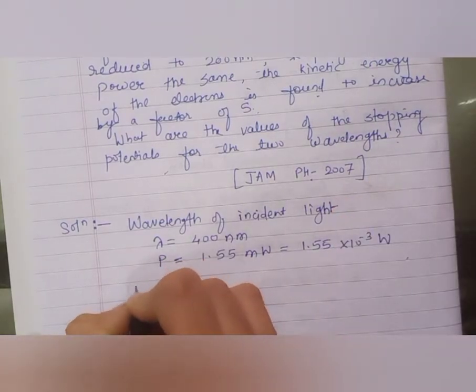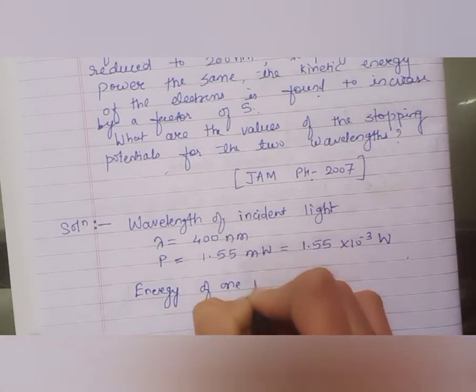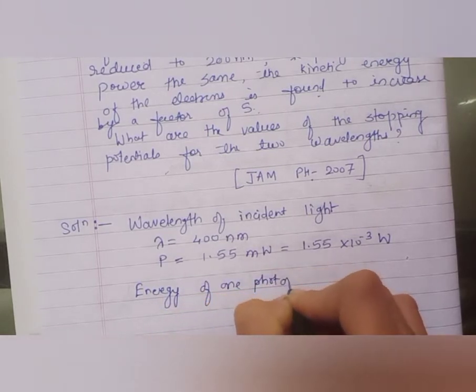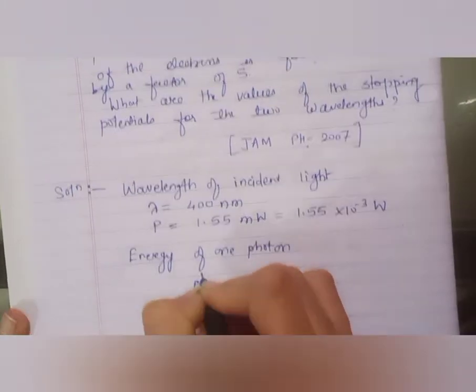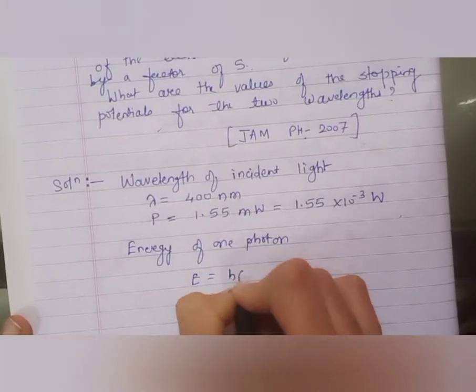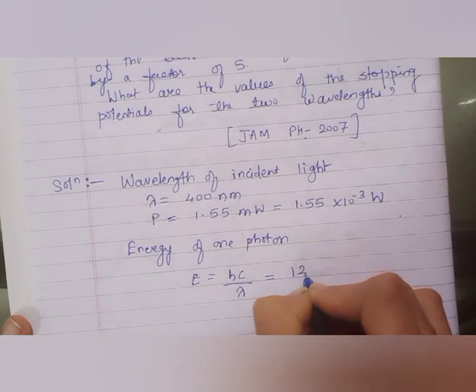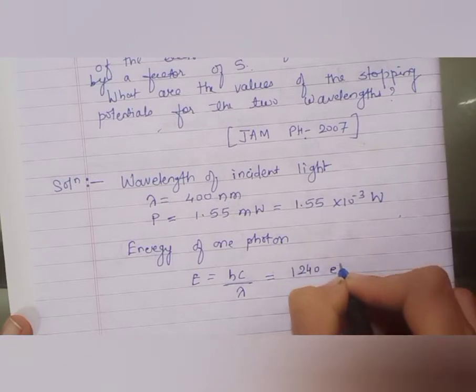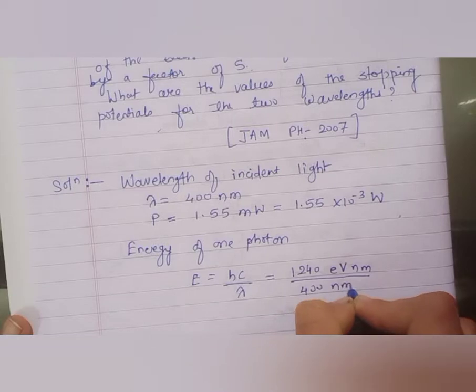Energy of one photon. We know the formula for the energy of a photon: E equals hc upon lambda. The value of hc is given as 1240 electron volt nanometer, upon lambda, which is 400 nanometer.